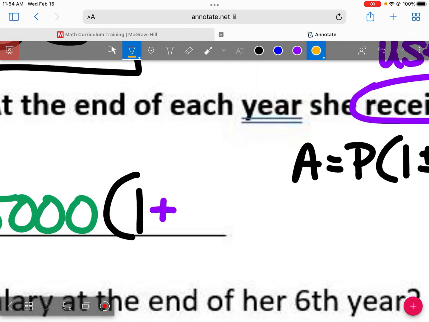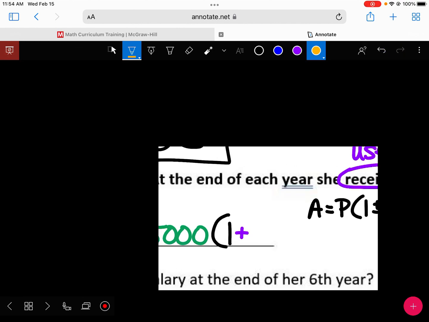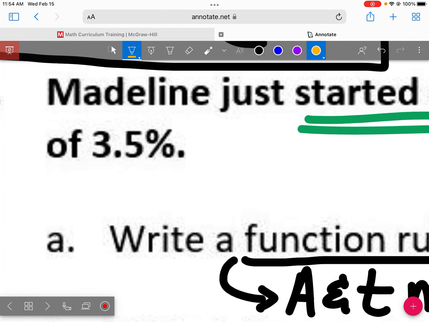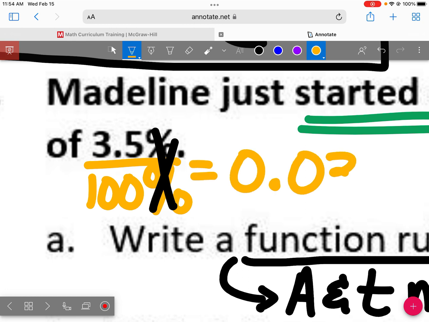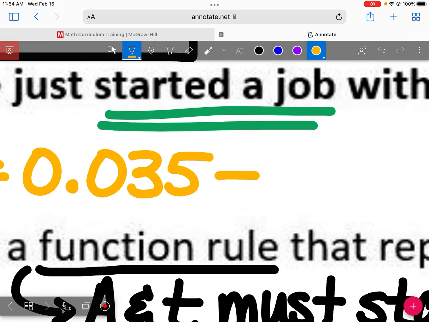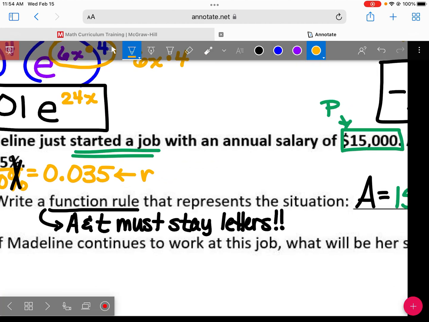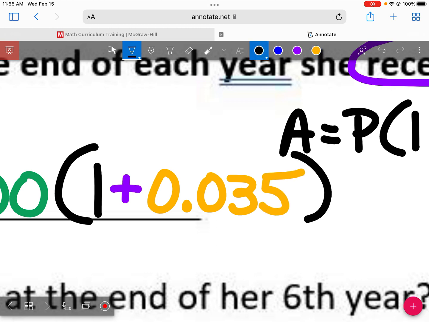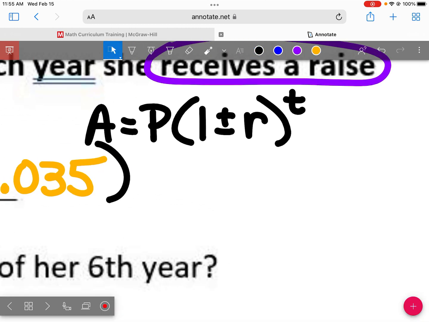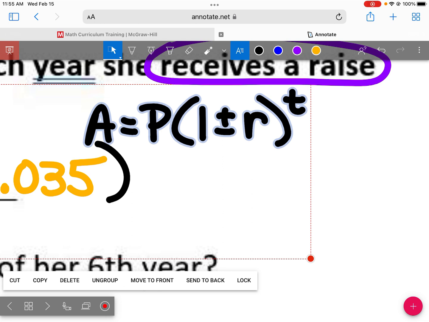What are we going to put after the plus sign? 0.035. We divide by 100%. 0.035, that's our value for r. And then I still need what? The time.